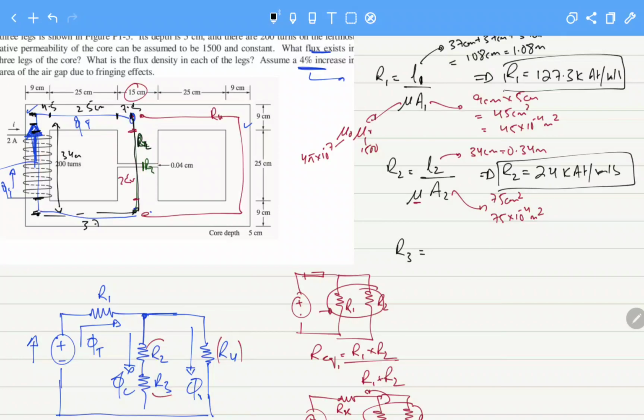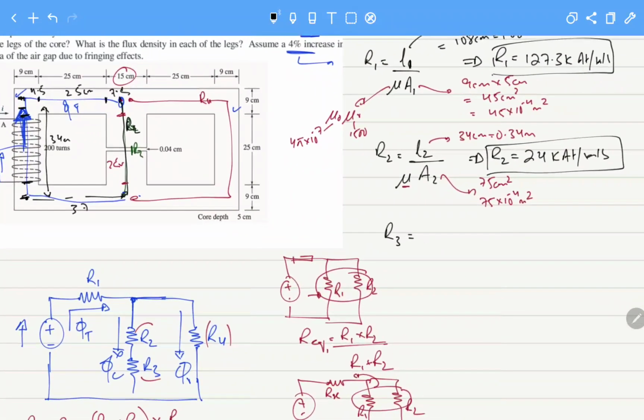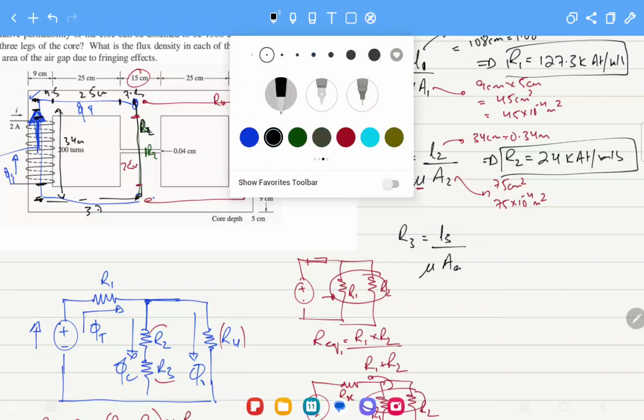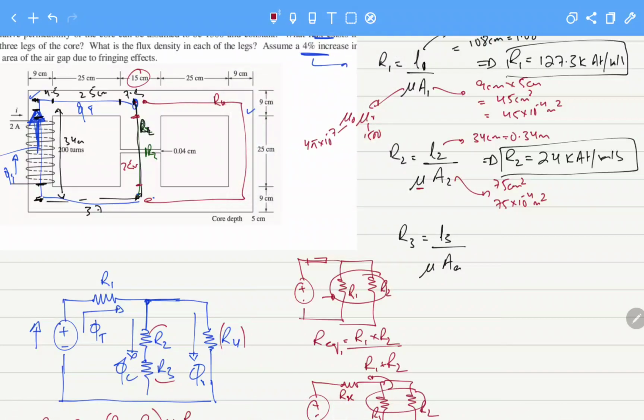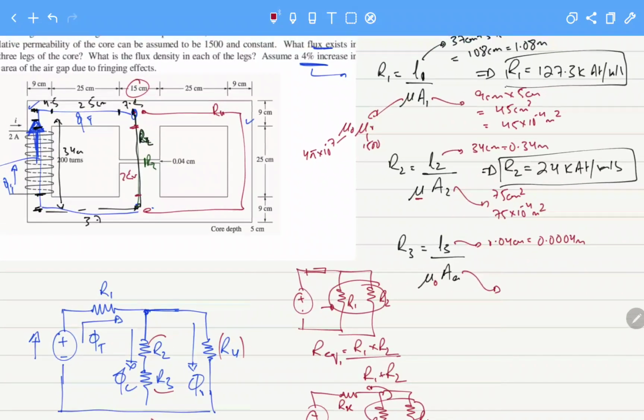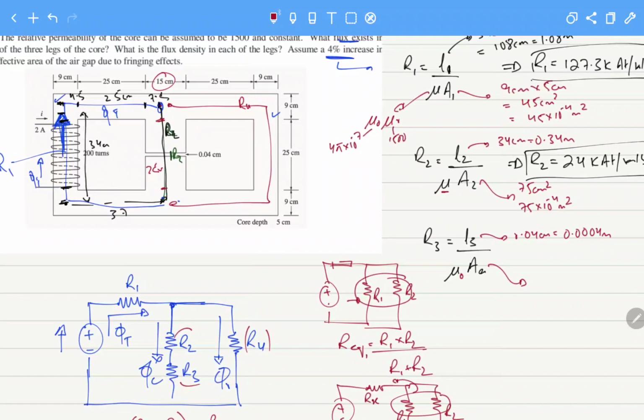Now let's look at R3. R3 is our famous air gap, and for the air gap we call it length 3 over mu into area of air gap. Length 3 we have been given, this is 0.04 cm, that is equal to 0.0004 meters. Mu is actually mu naught because it is air gap, and for the area of the air gap, we have fringing effect here.